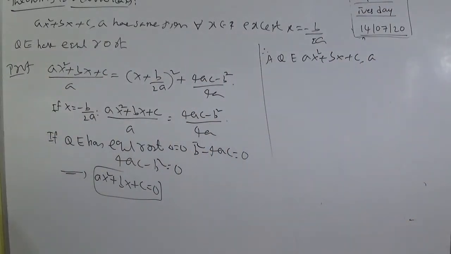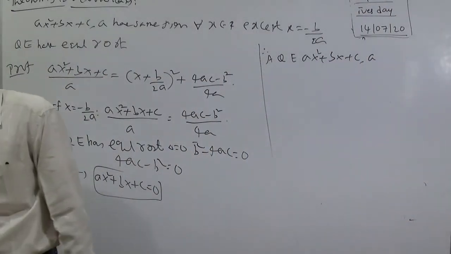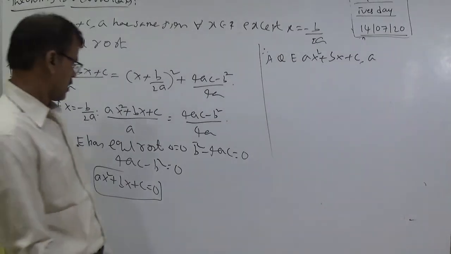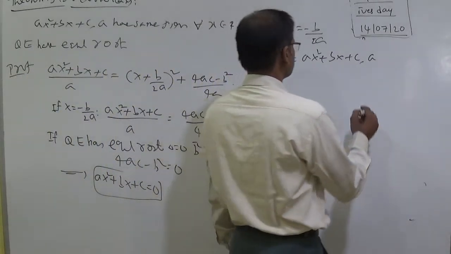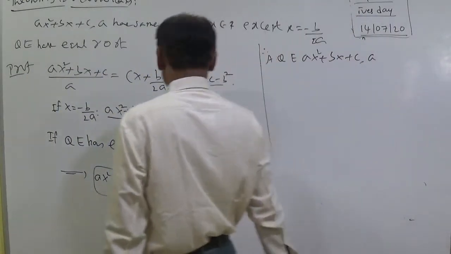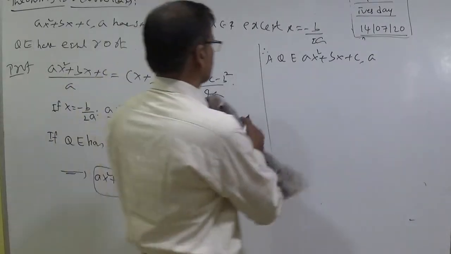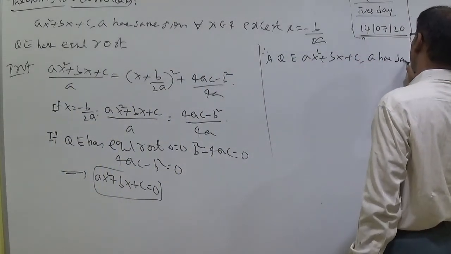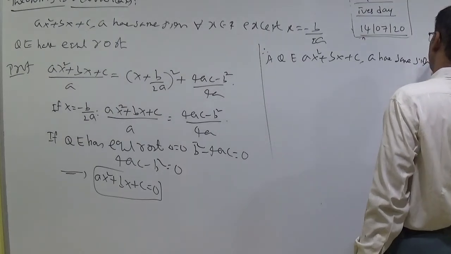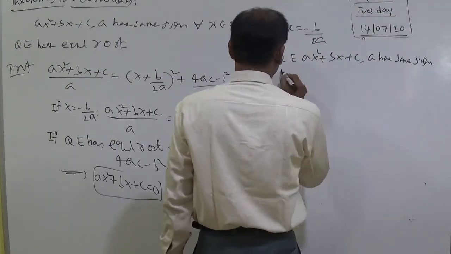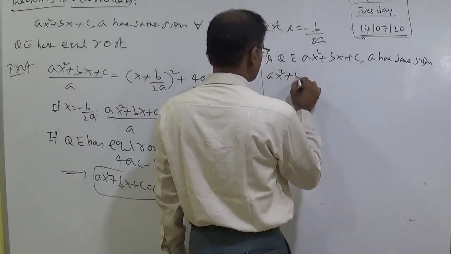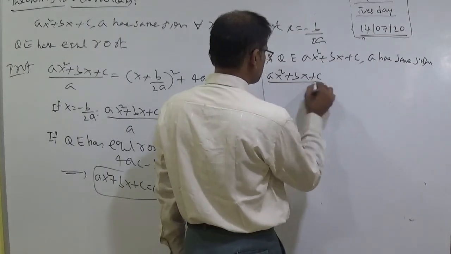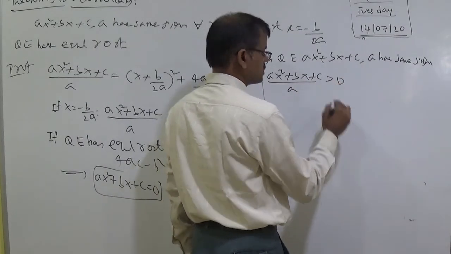If the equation has equal roots, then ax square plus bx plus c and a have the same sign. That means ax square plus bx plus c by a should be greater than 0.